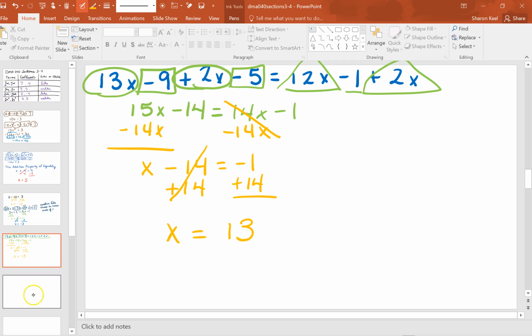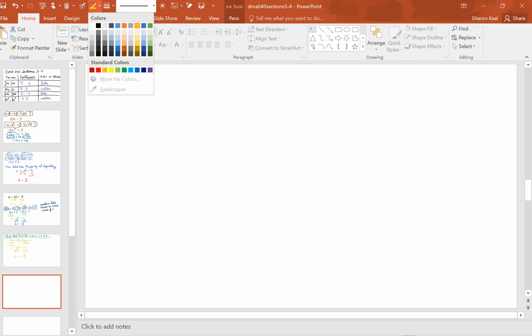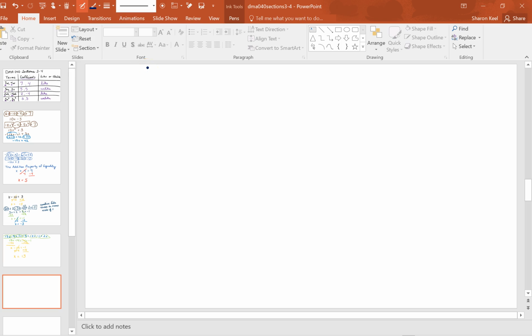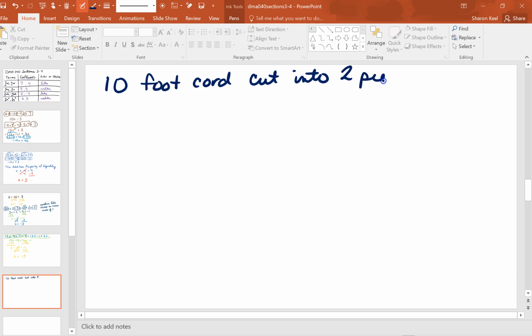Let's take this and let's apply it to a word problem. So what we're going to have is a 10-foot cord is cut into 2 pieces. If one piece is x feet long, express the other length in terms of x. 10-foot cord cut into 2 pieces.